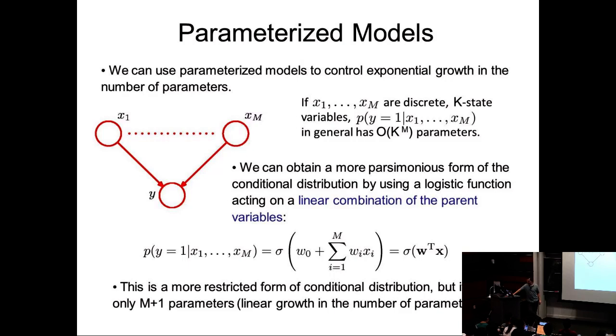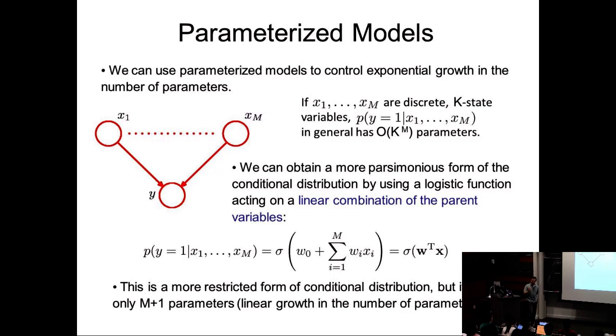The other thing that you frequently see is the notion of parameterized models to control the exponential growth. It's sort of trivial, but let's look at it. Suppose I have x1 up to xm being discrete, each of which takes k states, right? And let's say I want to model the conditional probability of y taking value 1 given all of these x1 up to xm.